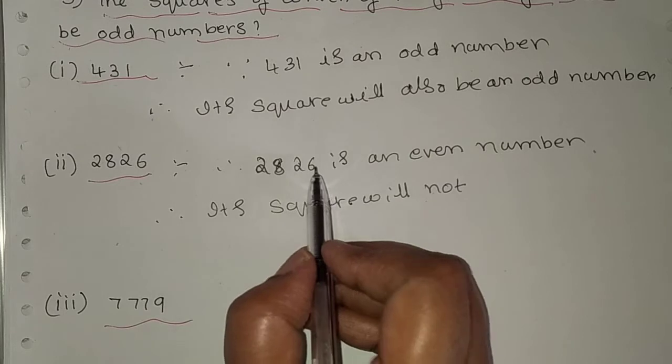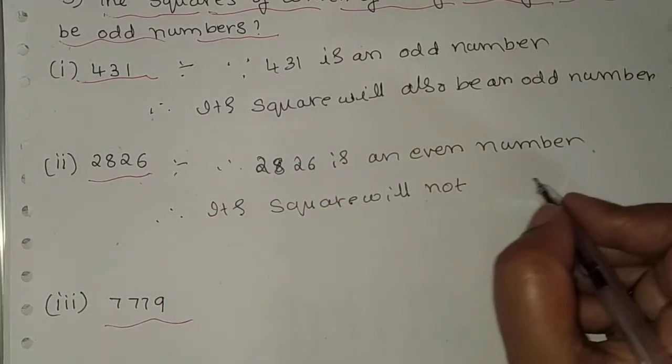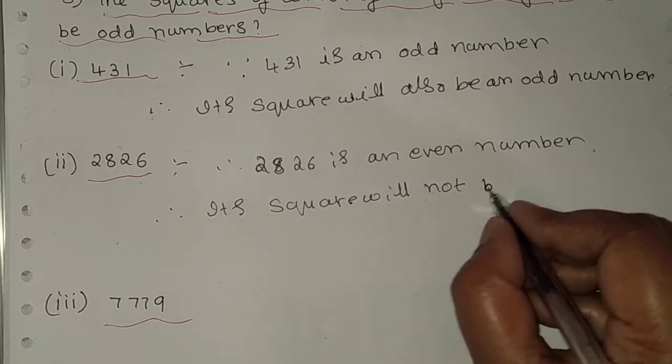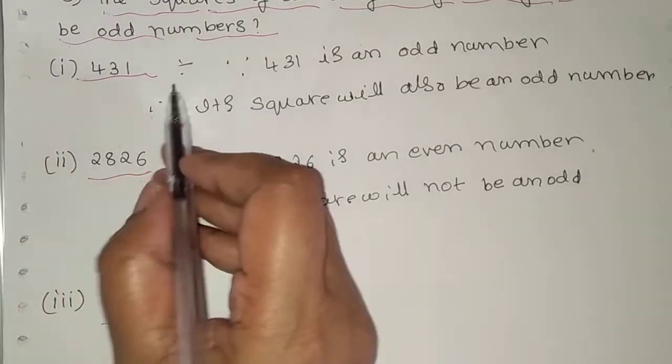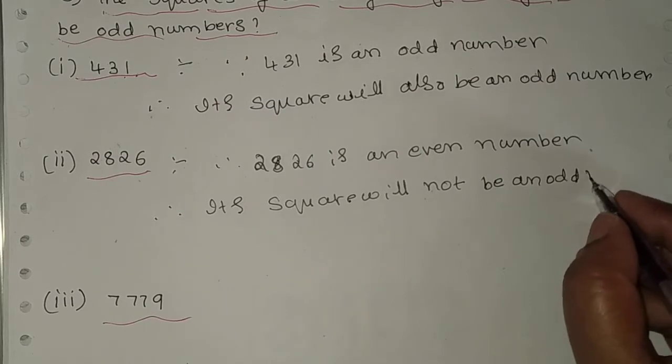See the last digit: 6 into 6 will be 36, so it is even, so the square of it will not be an odd number. Here 1 into 1 means odd, so you will only get an odd number.